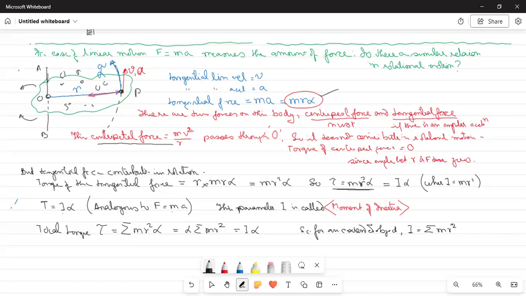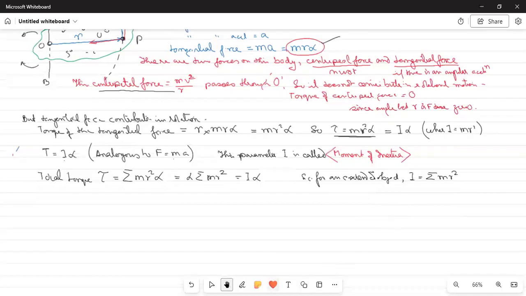So what we finally find is that torque is analogous to force, and mass and moment of inertia are analogous. This you need to remember.